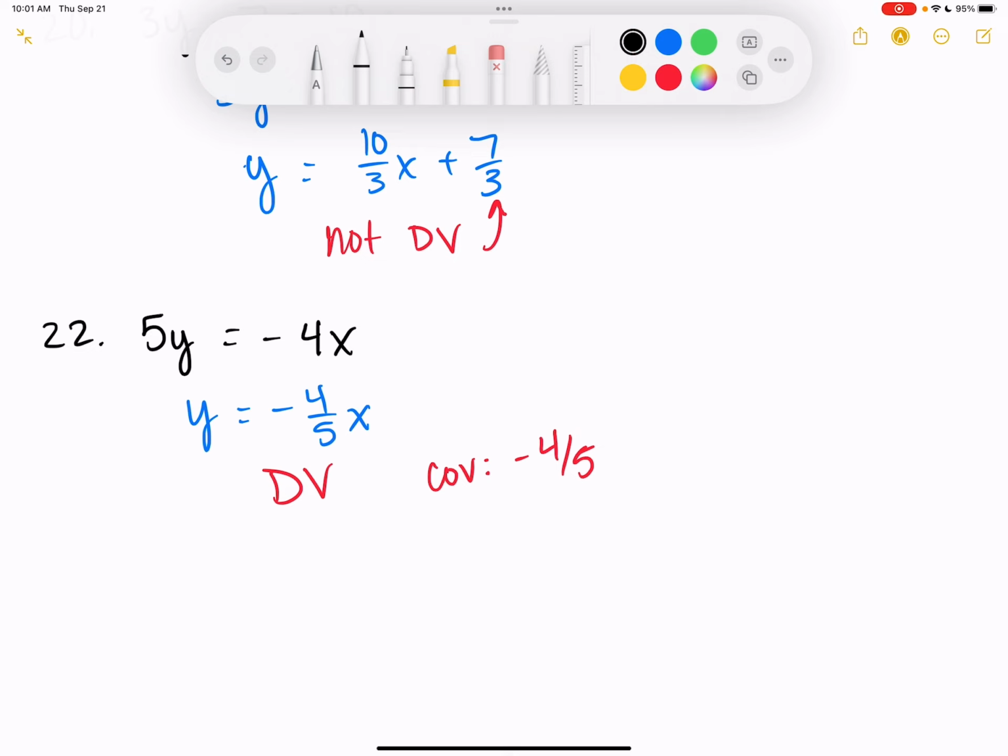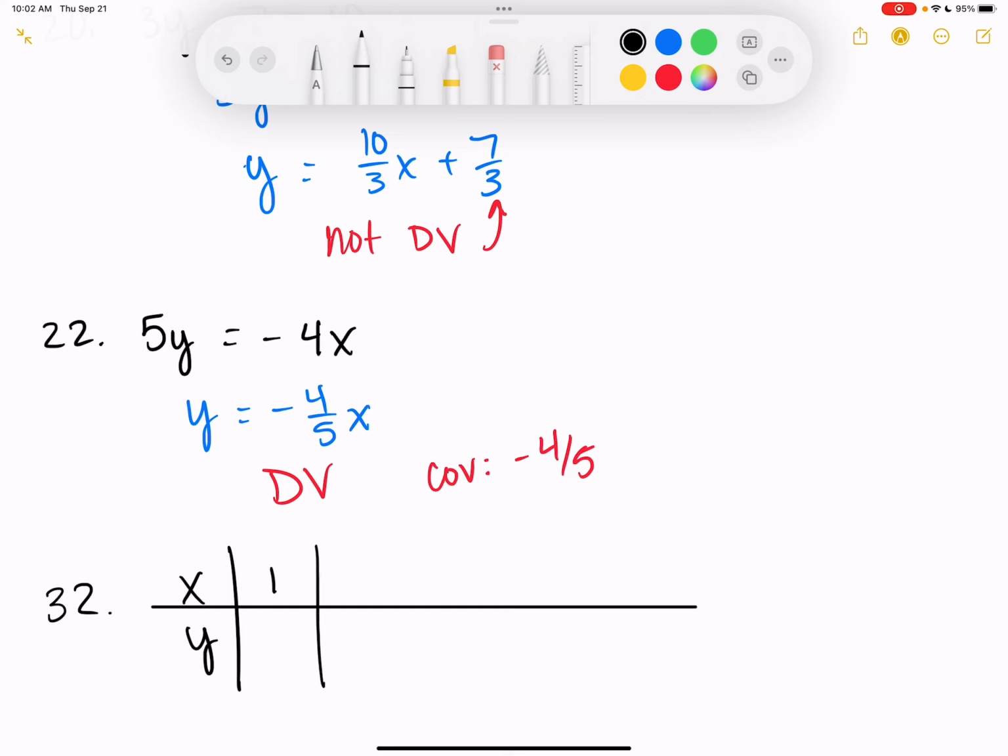The last ones give you a table of data, and it says to show if it's direct variation or not, and if it is, write an equation relating x and y. So 32. For x, we have 1, 2, 3, 4, 5. For y, we have 7, 9, 11, 13, and 15.